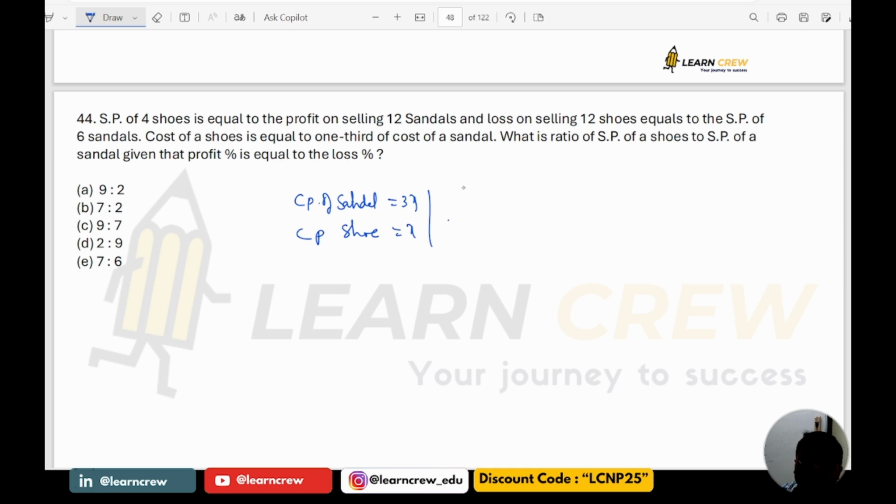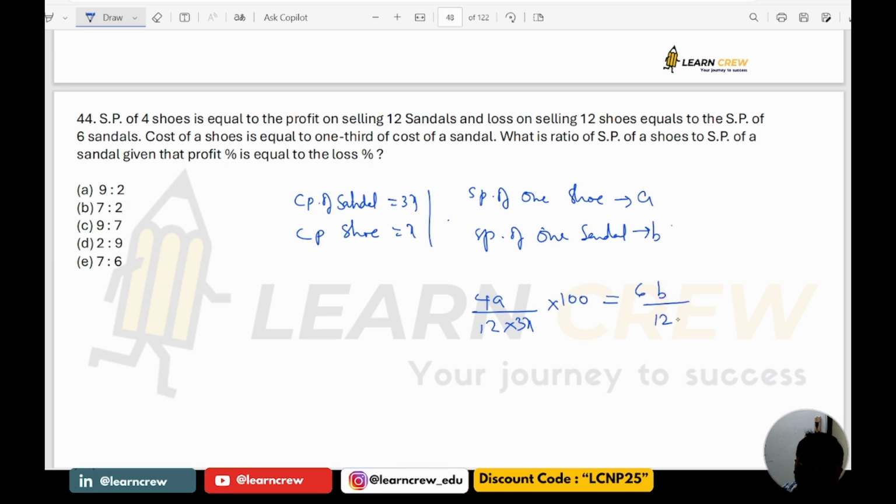The selling price of one shoe is A, and the selling price of one sandal is B. Then what is given now? 4A by 12 into 3x into 100 is the same as 6B by 12x into 100.